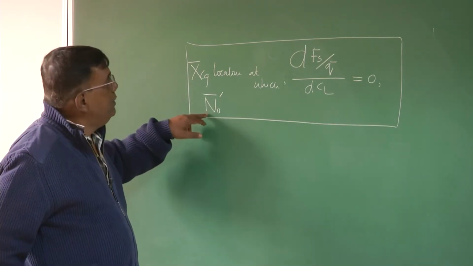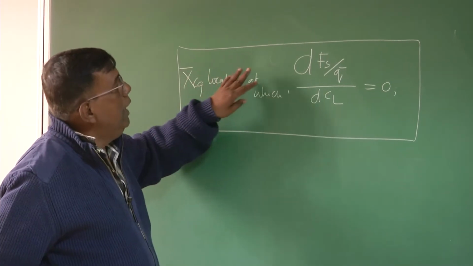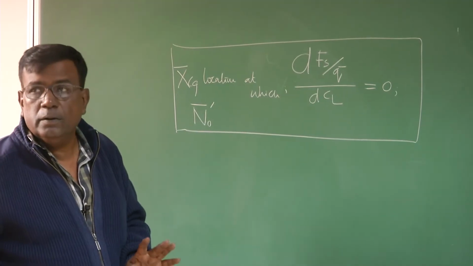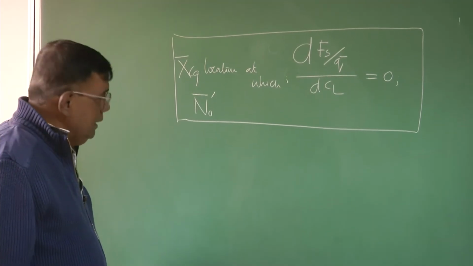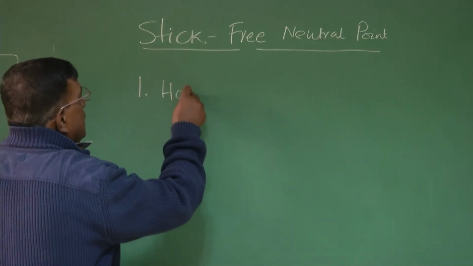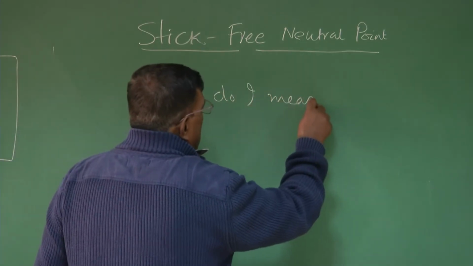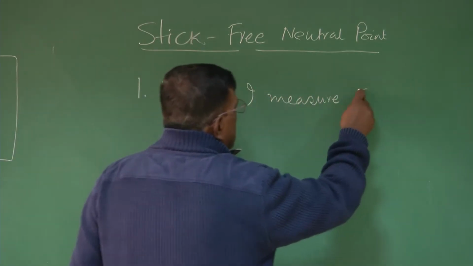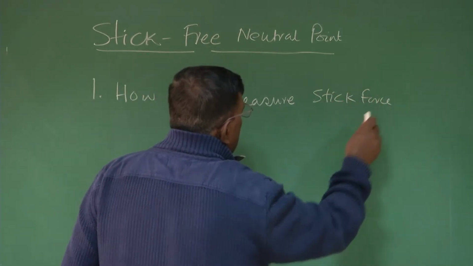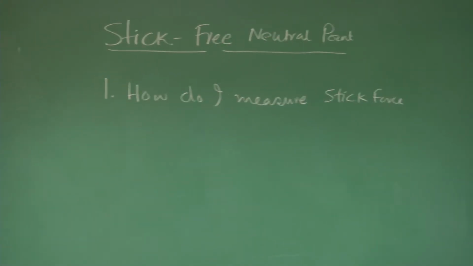So how do I find the stick-free neutral point? I need to find that CG location at which dFs by Q bar by dCL is equal to 0, right? If I understand this, then let's see how I do the experiment. First question comes, how do I measure stick force? You know, this is basically based on strain gauges.